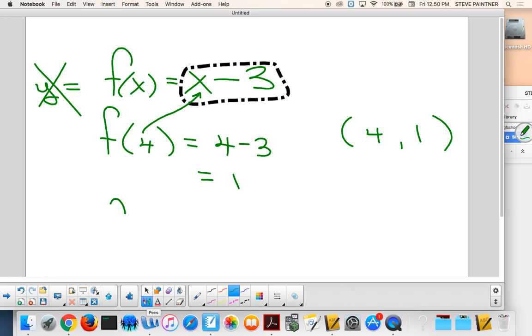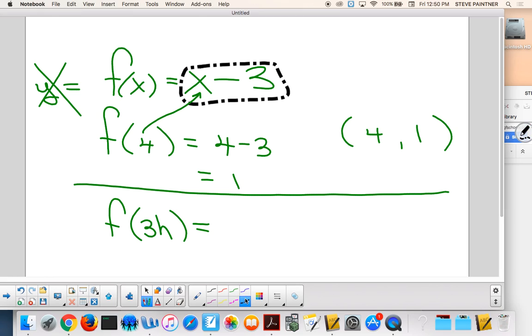And the next one is you are going to put in, not a number, an algebraic expression, 3h. Put 3h into your function. See what happens. So in for x, you put what? 3h. Then you subtract 3 from 3h.